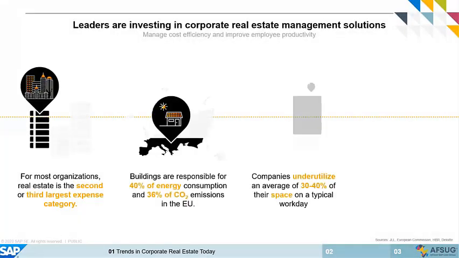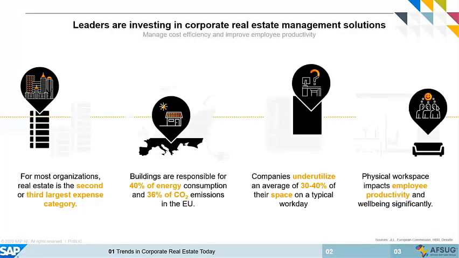So to start off, one of the trends in corporate real estate today is that for a lot of organizations, real estate makes up a significant portion of their monthly and annual expenses. Their buildings also consume a large percentage of energy. A recent study has shown that since this whole COVID story began, some urban areas in the world have seen up to a 75% reduction in CO2 emissions.